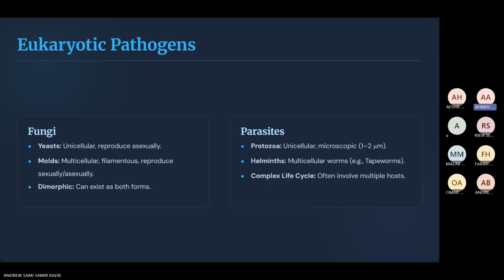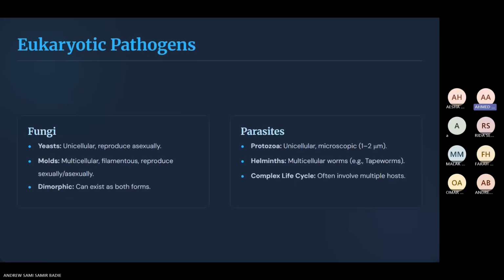An important feature of fungi is that they are dimorphic, so they can shift between the yeast form and the mold form. Moving on to the parasites, we have the unicellular and the multicellular. The unicellular are the protozoa, which comes from the word protos, and the multicellular are the helminths.